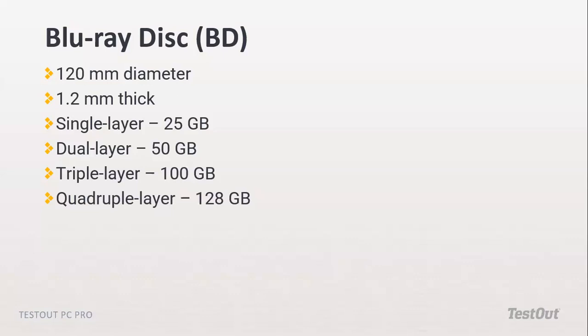If we divide it by 747 megabytes, we will see that the quadruple layer Blu-ray disc has 175 times more storage than a regular CD. Isn't that crazy?